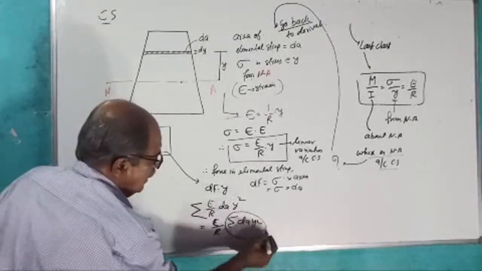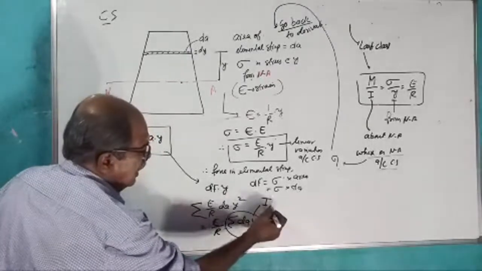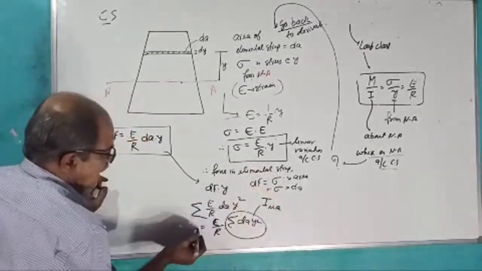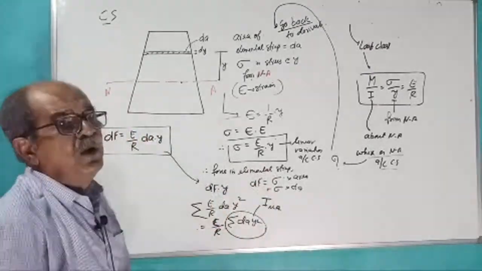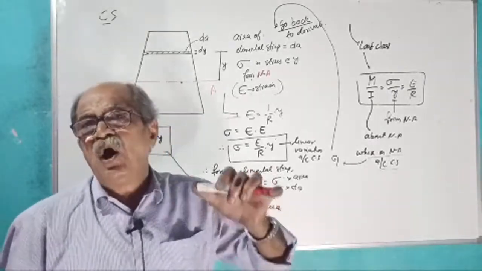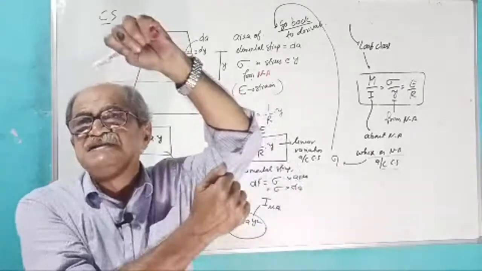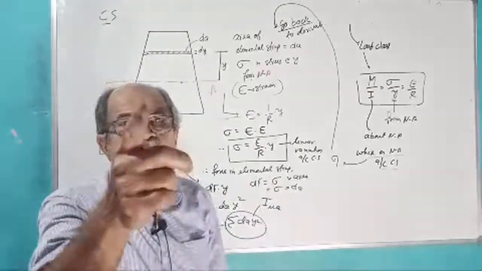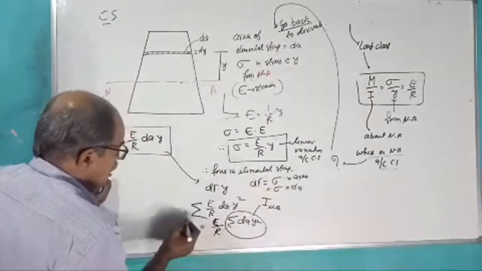Sigma dA y square is the moment of inertia about the neutral axis. And the algebraic sum of the moment of all these internal resisting forces will be equal to the external bending moment M.